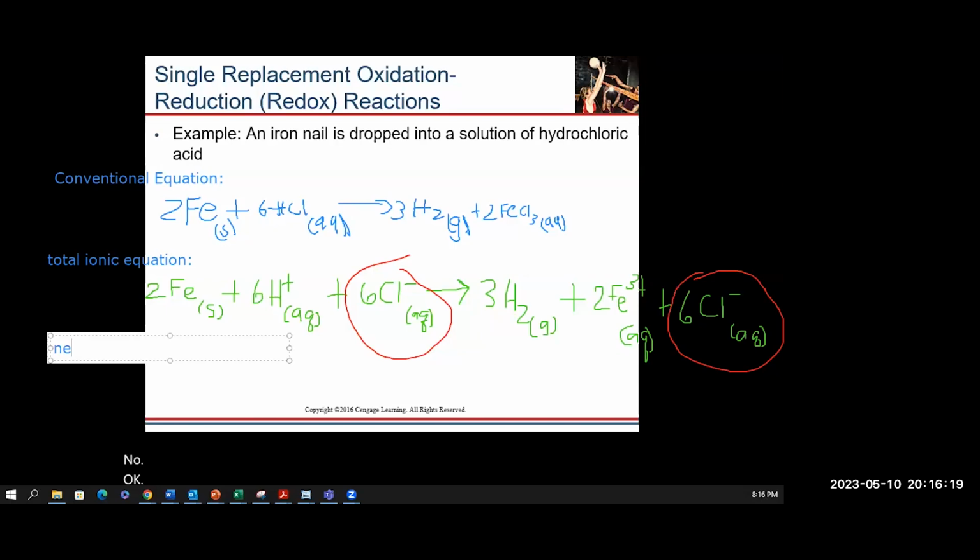So we have the net ionic equation. Okay, what's left? 2 Fe solid, six hydrogen ions.